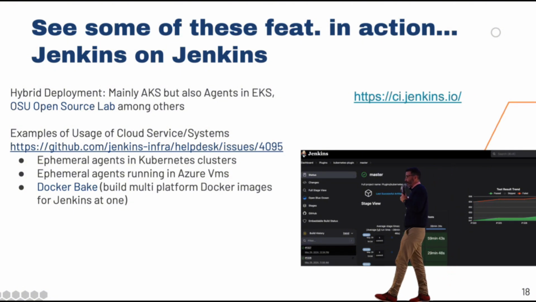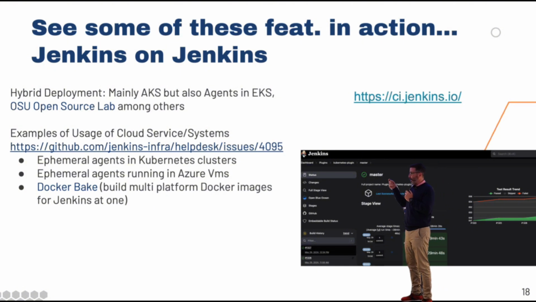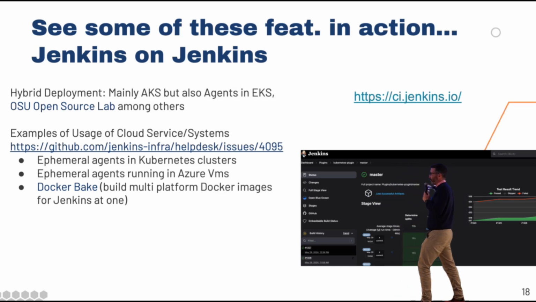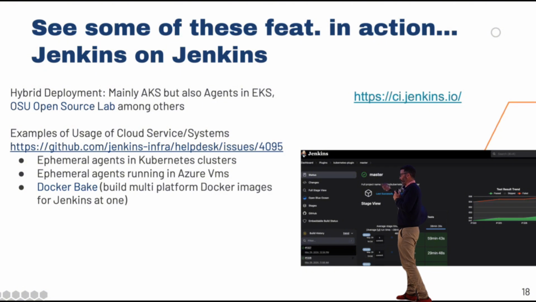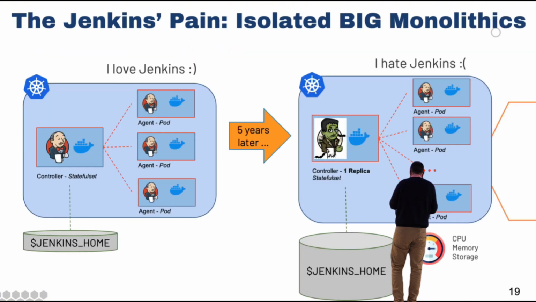In that ticket, if you access it, you can see several examples of interaction of Jenkins with the cloud, like ephemeral agents running in Kubernetes, ephemeral agents running on Azure VMs, as well as Docker-based ones. On this platform, the controllers are running on EKS, but it also has agents running on EKS. There is also the open source lab, among other controllers.